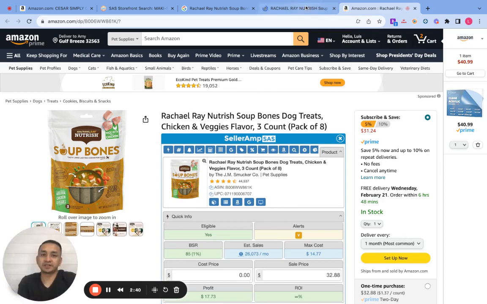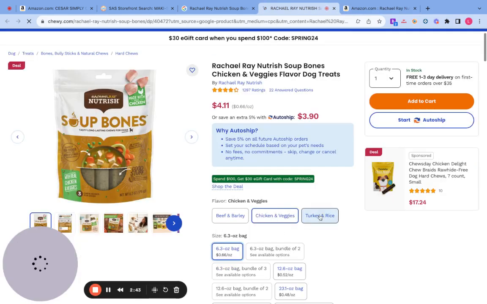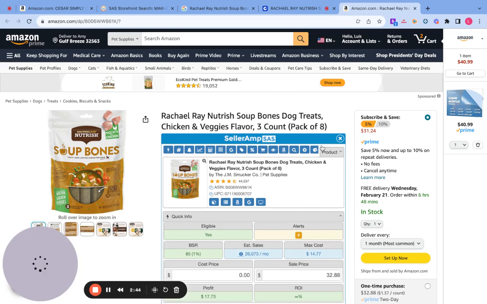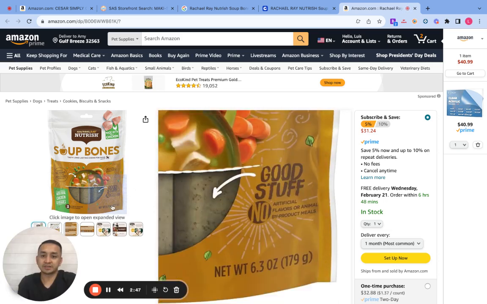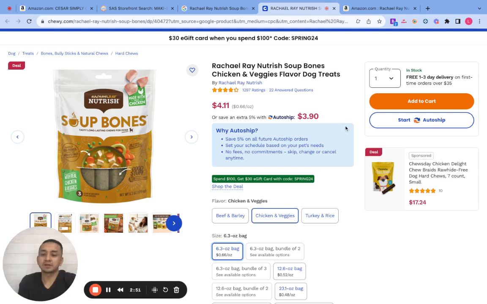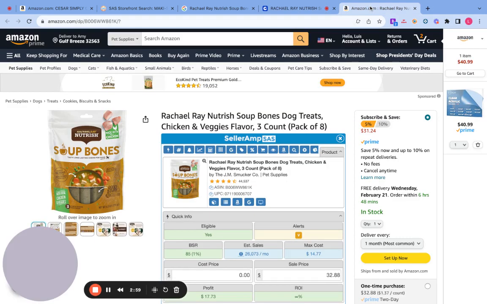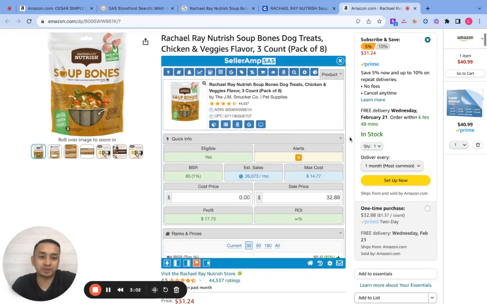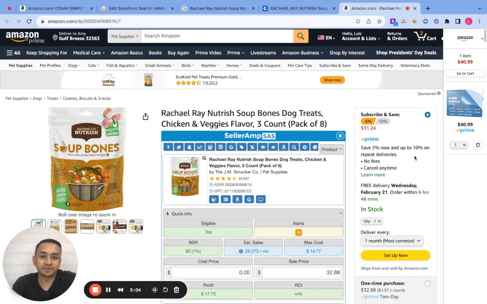So chicken and veggies flavor, 6.3 ounce bag. It's a pack of 8 though. So this one is $4.11 per piece. So I would type 411 times 8 pieces. So that's $32.88, which is not going to work because the price of this product is $31, right?